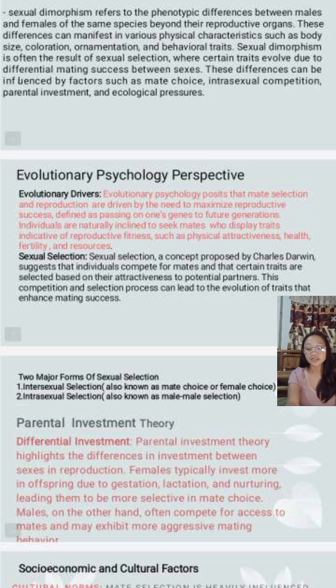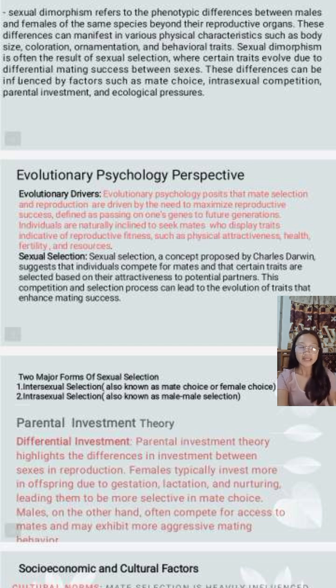In sexual selection, according to Charles Darwin, everyone, like girls and boys, compete so they can choose their partner. For the boys, you choose your ideal girl.